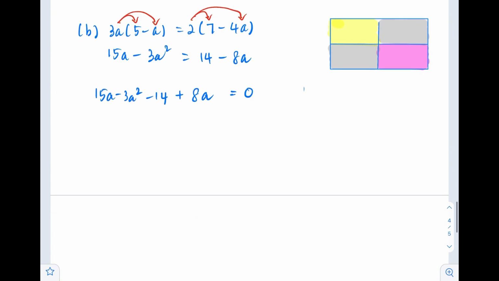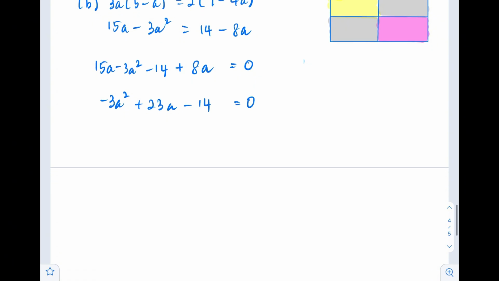So let's collect our like terms together and rearrange so that we have our a squared term in front. Then our a term will be 15a plus 8a, that's 23a, minus 14 equals 0. Now usually, when there's a negative coefficient for a squared, it is a little bit difficult to do the multiplication frame method.